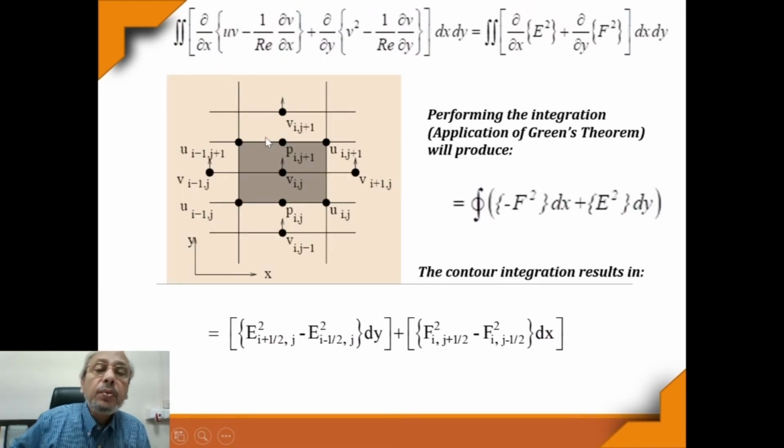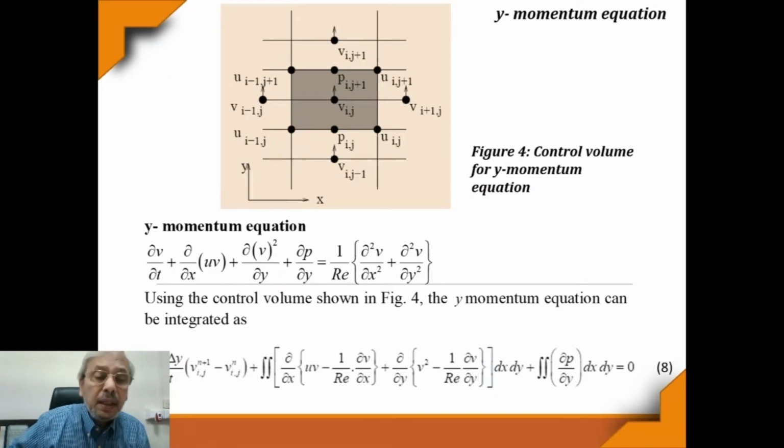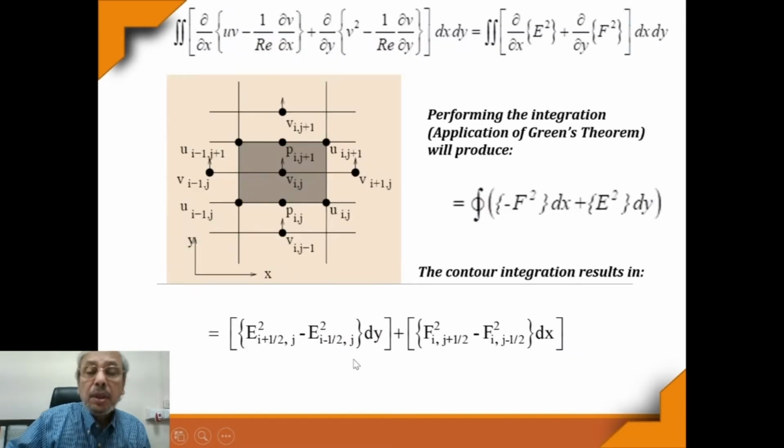Now I'll go back again. Integration of del v del t is very easy. Over the volume, delta x delta y by delta t into Vij at n plus 1th level minus Vij at nth level. Now we will consider these two terms of integration.